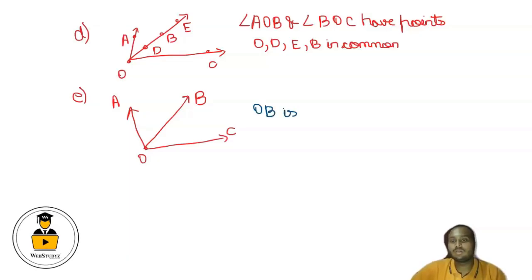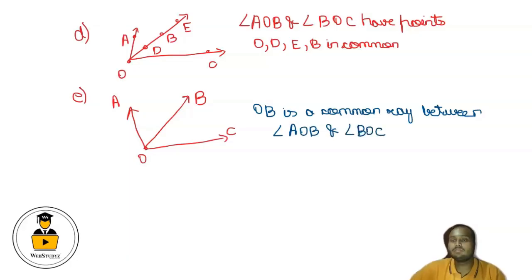OB is a common ray between angle AOB and angle BOC. So in this question, we used the concept of lines and angles and points.